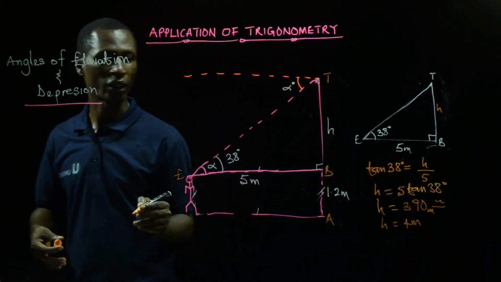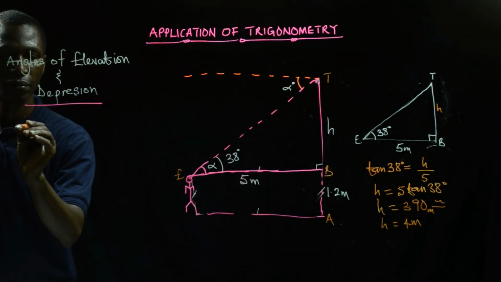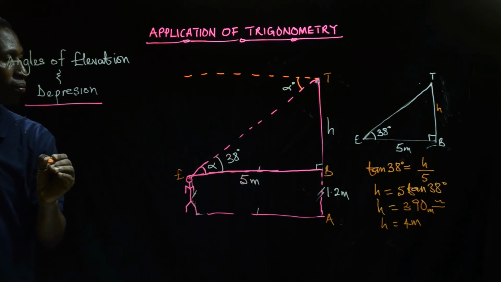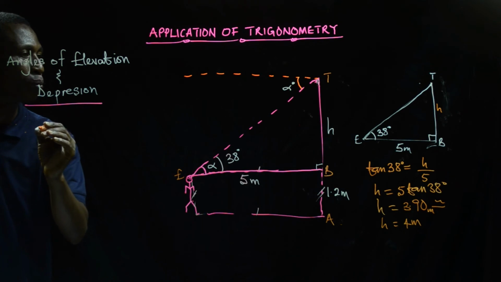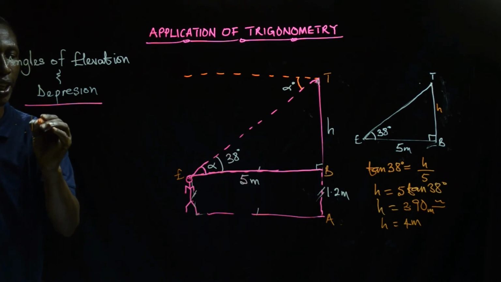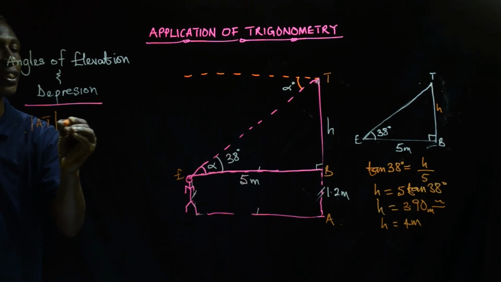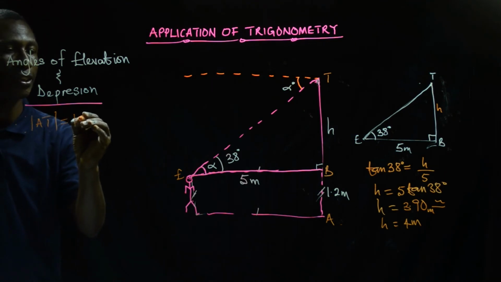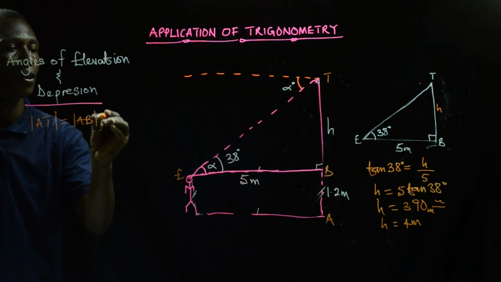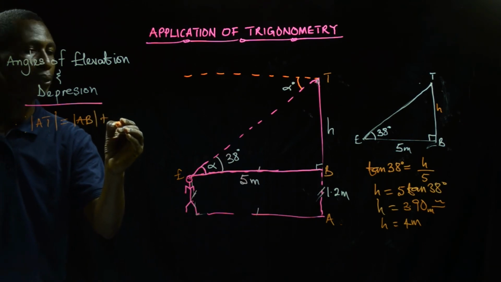Therefore, we are going to have the height equals to what? AB plus BT.